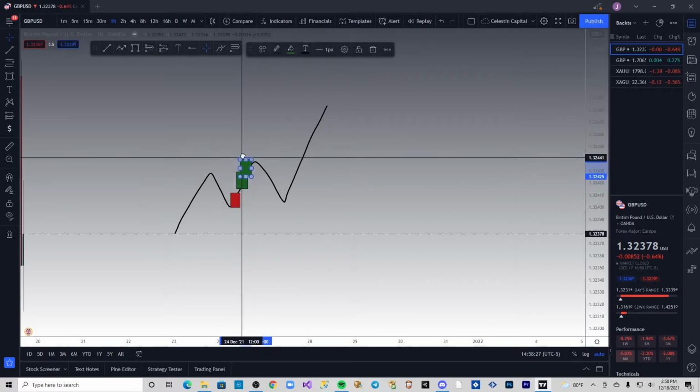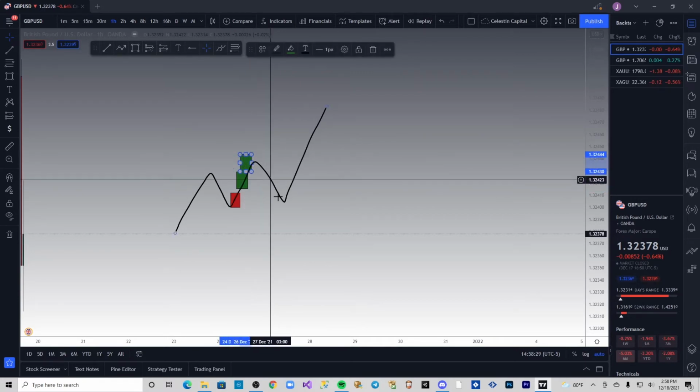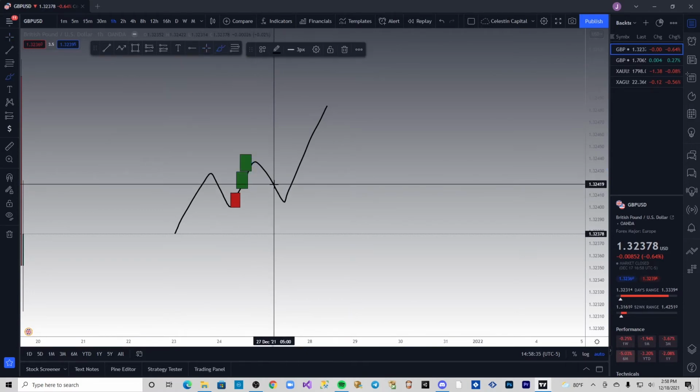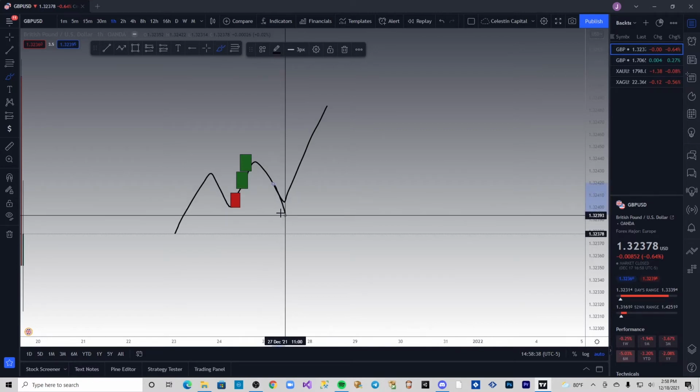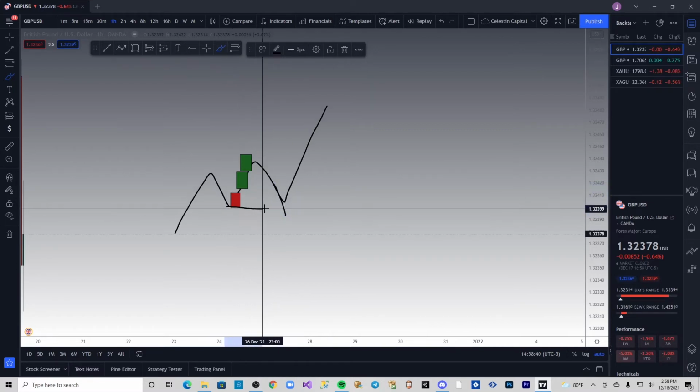We have buys, right? And then we continue selling. And then you might see something like this. You might see the market supposedly break structure, right? It looks like it broke structure to the downside.